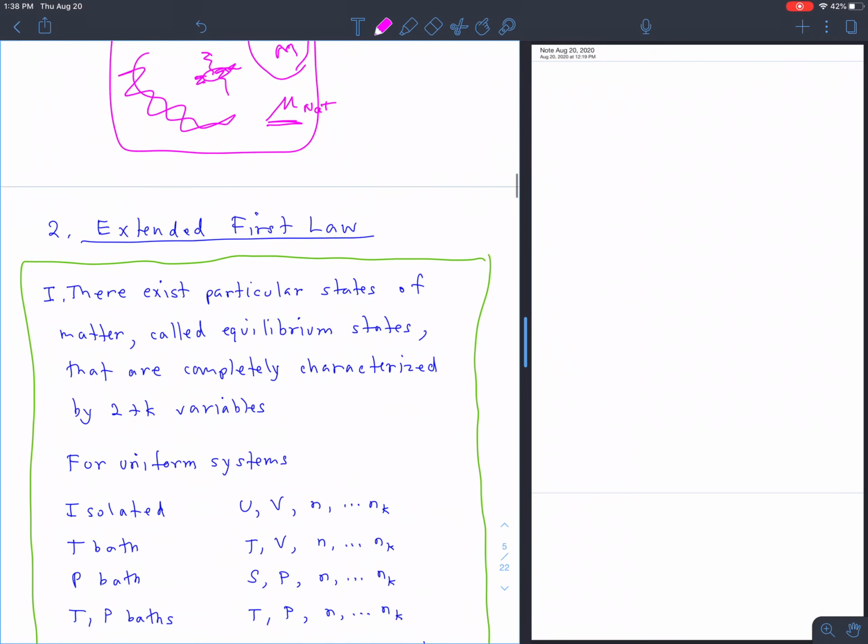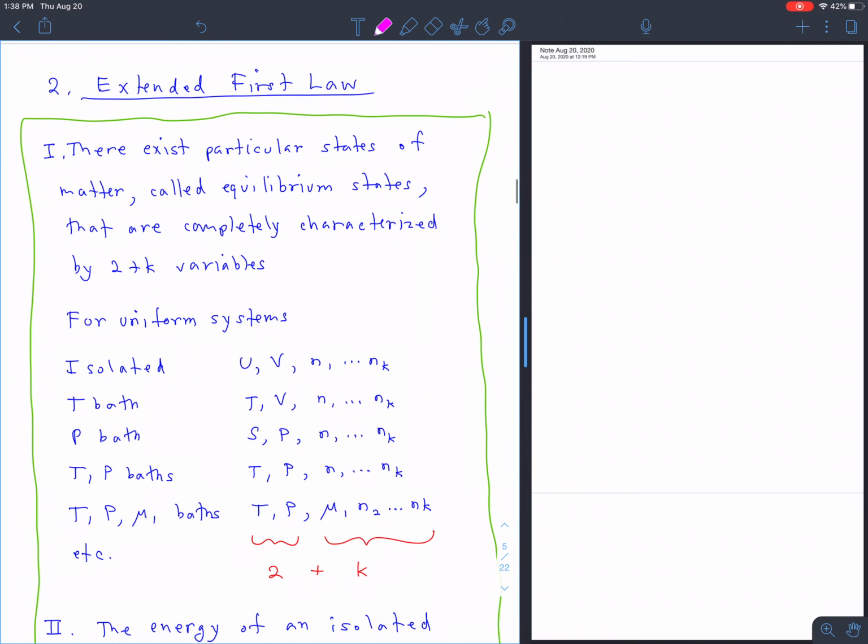The next thing I want to do now is talk about the laws of thermodynamics. It's traditional to set up thermodynamics in terms of laws: first law, second law, third law, usually just three laws.